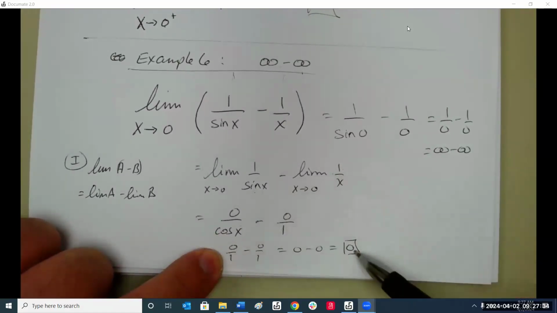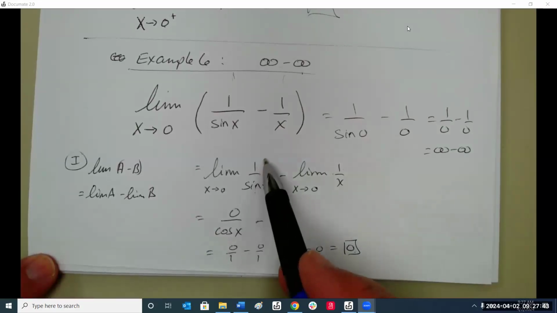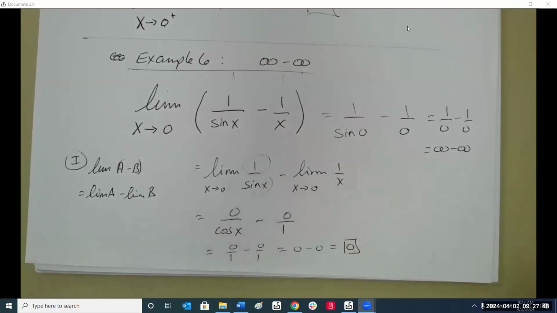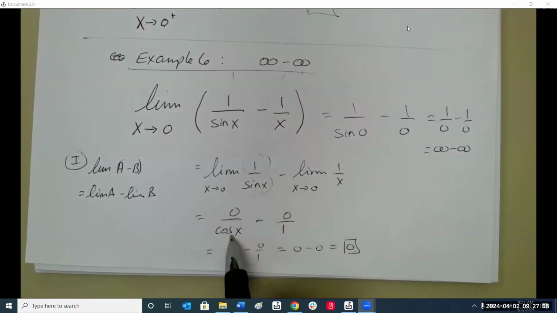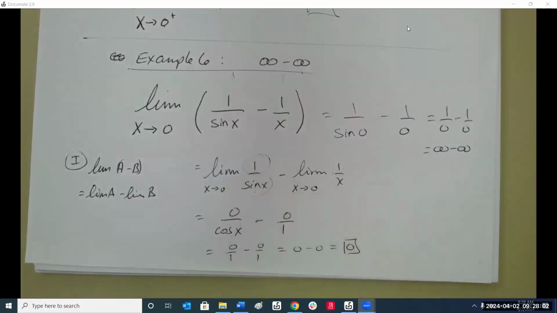Minus 0 is 0. That's the derivative of a constant. Remember, when you do L'Hopital's rule, you treat this as one function and this as another function. You treat them both separately. So the derivative of 1 is 0. The derivative of sine x is cosine x. This is not one equation anymore. We use L'Hopital's, we're now looking at two separate functions and treat them both independent of each other.